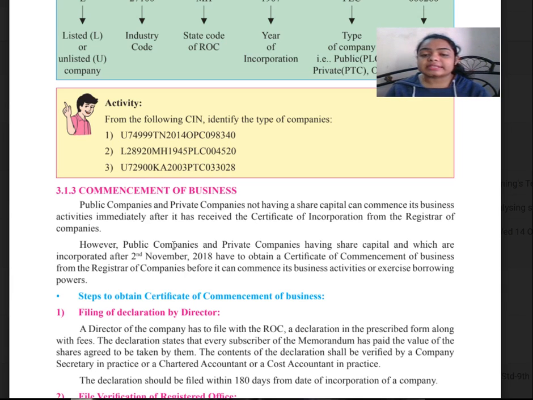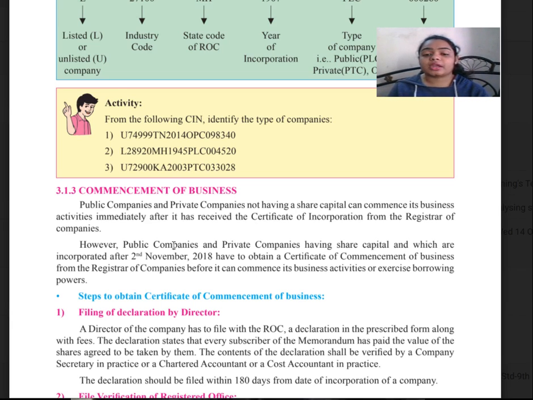So whether it is a public or private company not having share capital, it can commence business immediately after receiving its certificate of incorporation. Public and private companies having share capital and incorporated after 2nd November 2018 have to obtain a certificate of commencement of business before they commence their business activities.